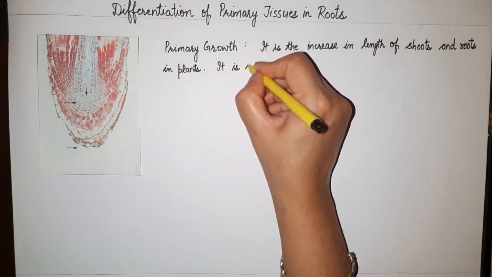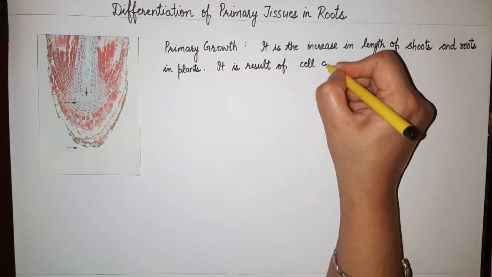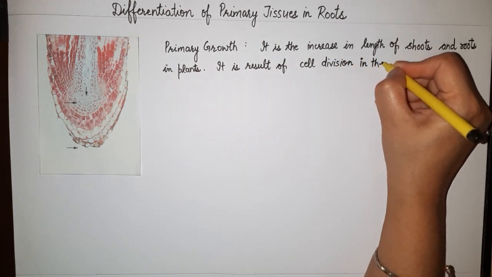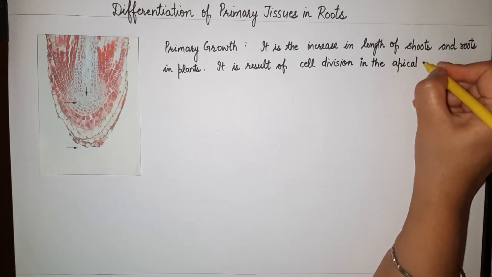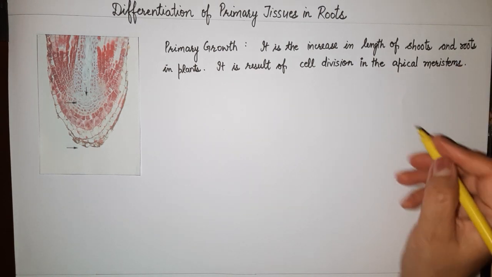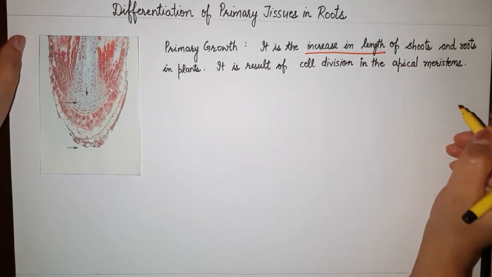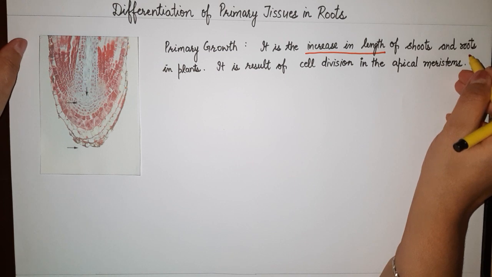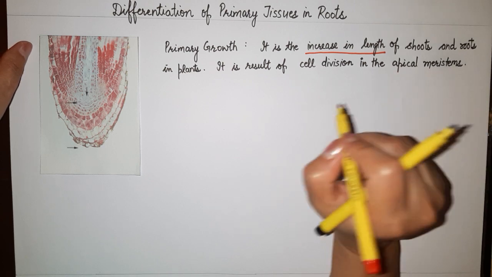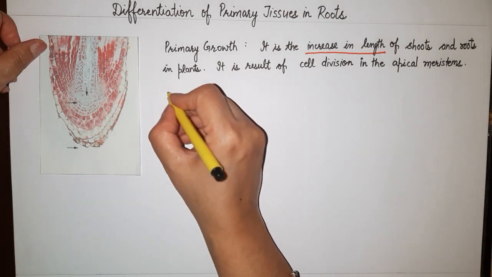It is the result of cell division in the apical meristems. So increase in length, the lengthwise growth, that is called primary growth. It takes place in shoots as well as in roots in plants, and it is because of the activity of apical meristem. Now what primary meristems are present in root apex?